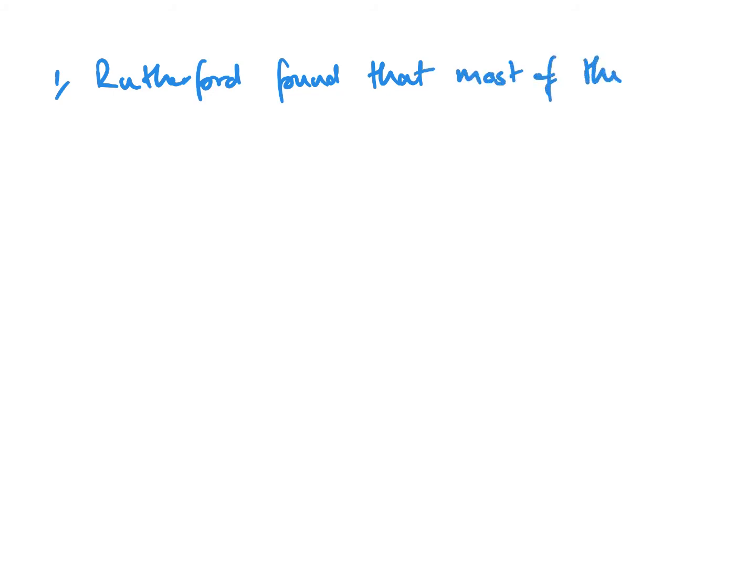So Rutherford's experiment: he fired alpha particles at thin gold foil, and Rutherford found that most of the alpha particles passed straight through the gold foil.